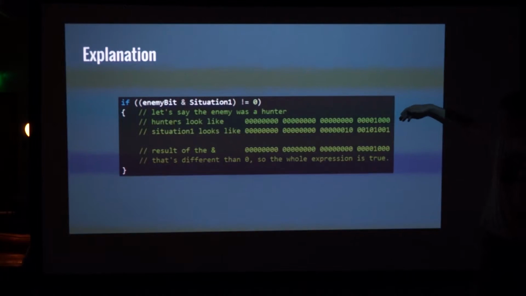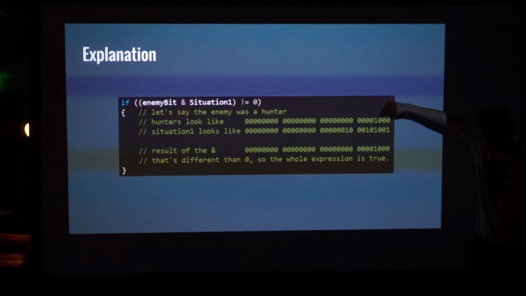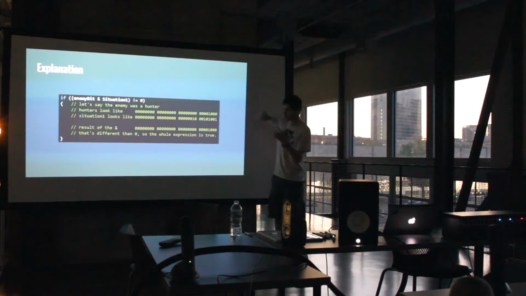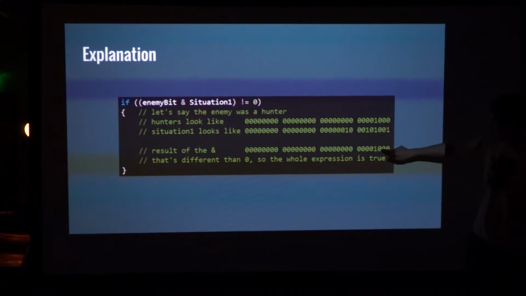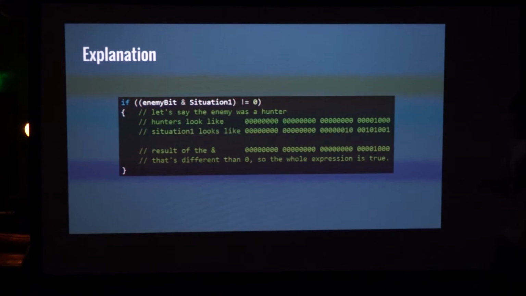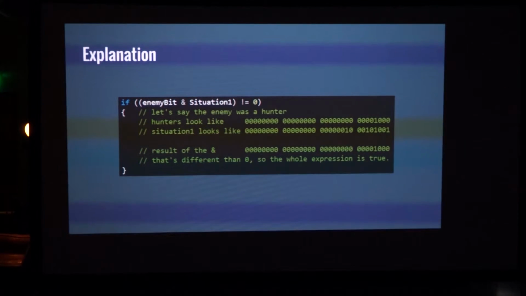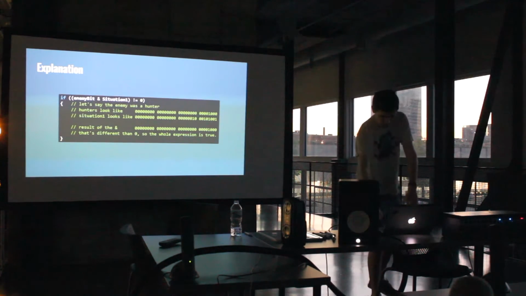It takes the AND operation between these, and the result is: if it's got a 1 here and a 1 here, or if it matches up ones, then the result is going to have that. So here's our result, and then we're comparing that to see, did we get anything in our result? And we did, so in that case, we're saying a hunter is inside of situation 1.